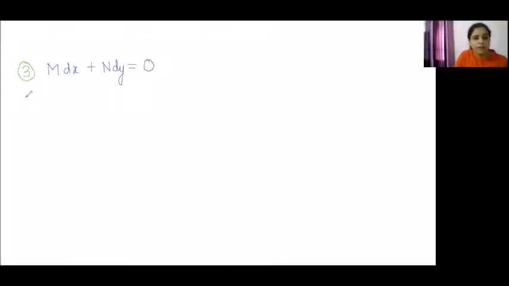We have two cases here. The first case: we evaluate partial derivatives.